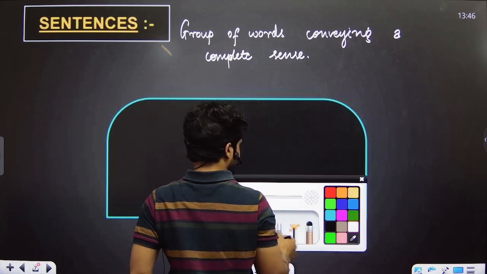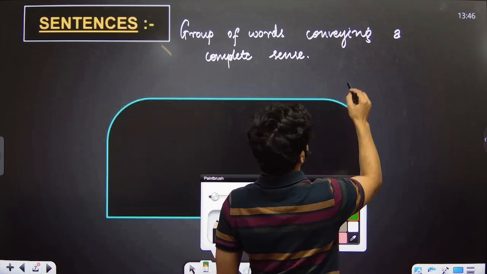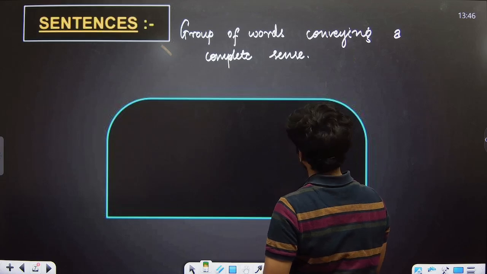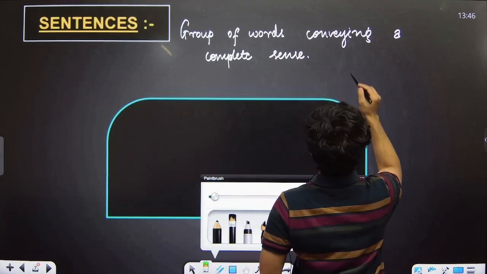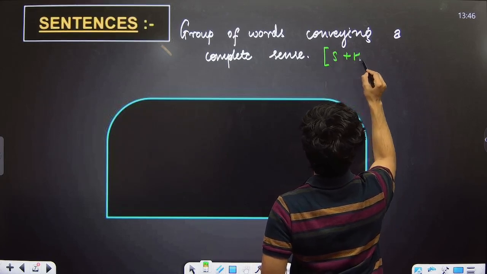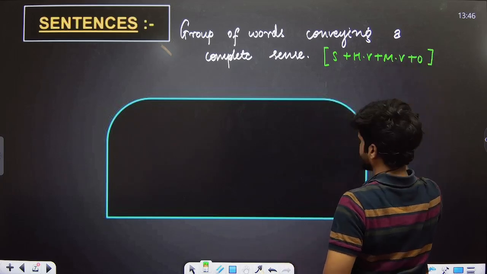Got it? I have told you the structure. What was the structure, if you remember? Subject plus helping verb plus main verb plus object.